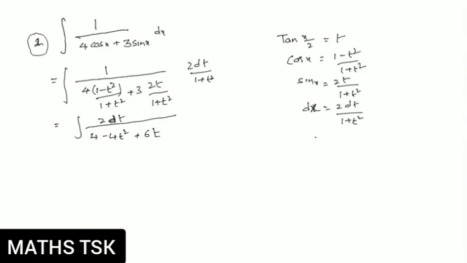Now we take 4 common here, and the 2 you can cancel with the 2. We're taking 2 by 4 common. This becomes dt by 1 minus t square plus 6 by 4 t.